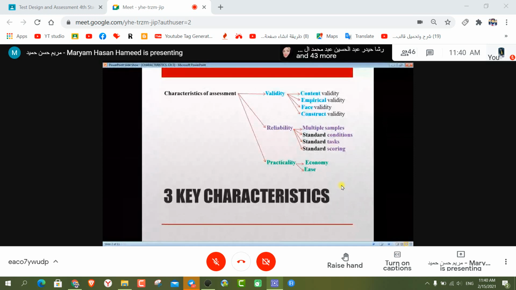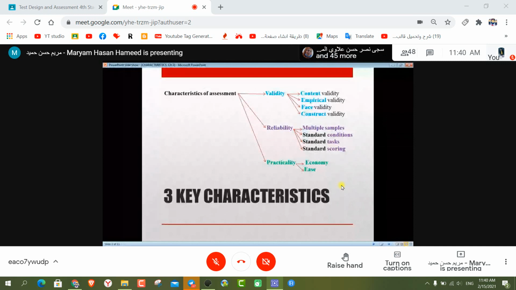Here we have the keys or characteristics of the effective test: validity, reliability, and practicality. Whether your test is effective or not, you have to keep these three characteristics in mind.